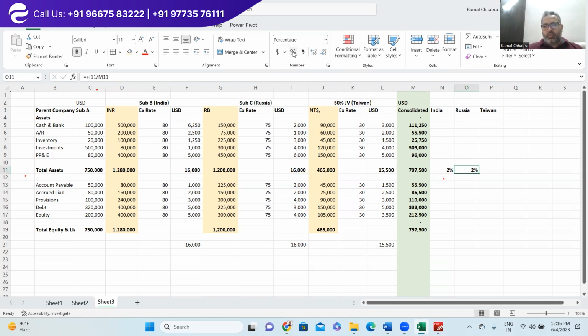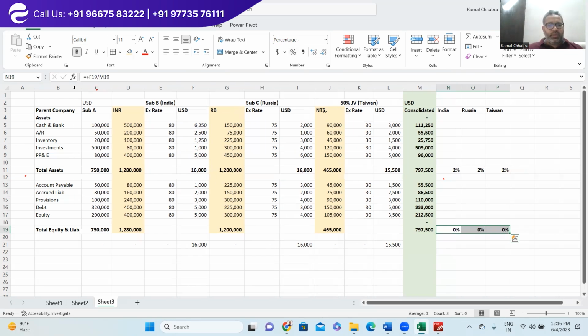Again, it's 2%. How much is the Taiwan to the total percentage of asset? This is also almost 2%. Right? Same way, how much is the percentage of liability? This is also very minor. Not 2% only, because there is no number yet.